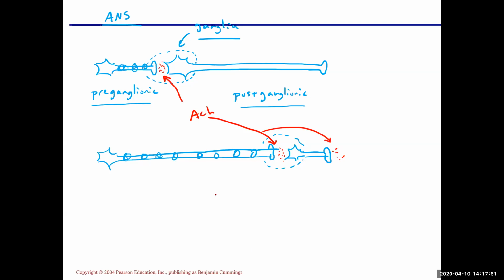Okay. However, on the one that has a longer postganglionic, this one right here is norepinephrine. Norepinephrine is another neurotransmitter.